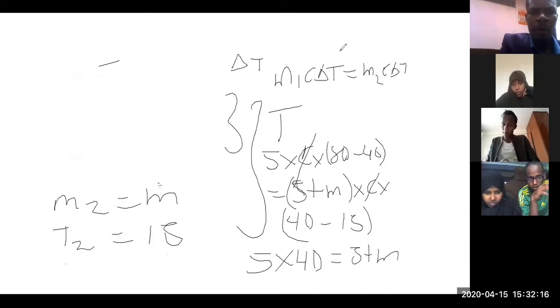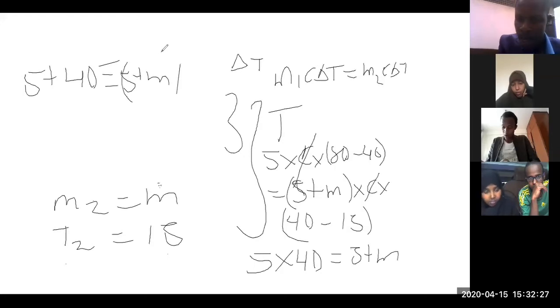5 times 40 is equal to 5 plus m multiplied by the change in temperature, which will leave us with 25. So times 25.